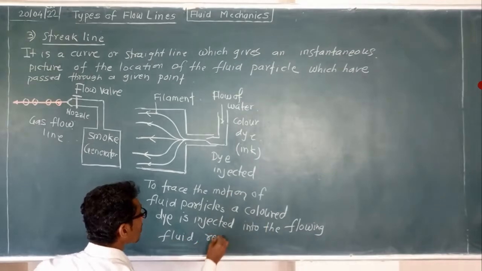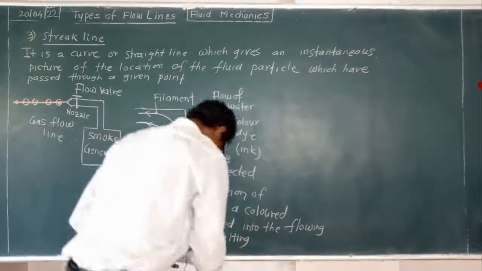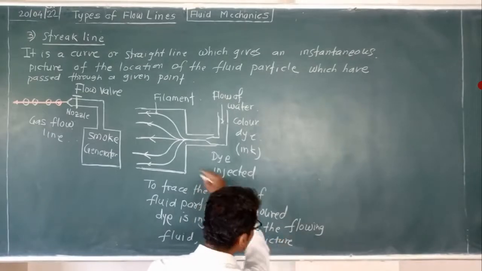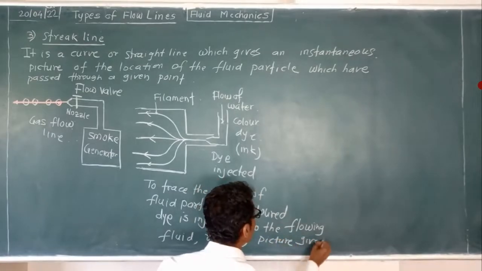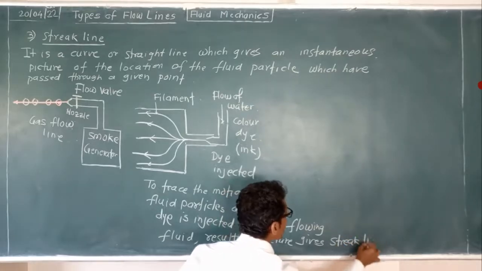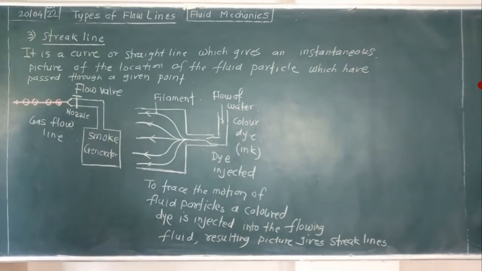So the resulting picture gives a line, and that is called a streak line.